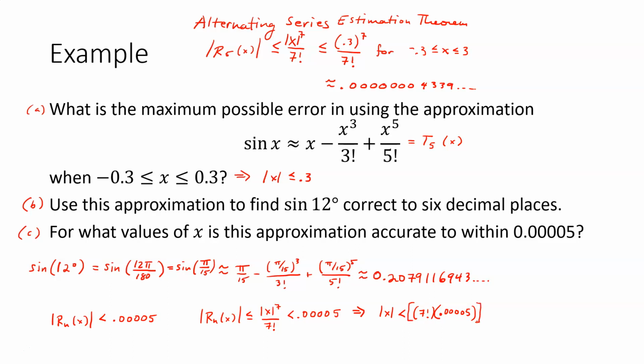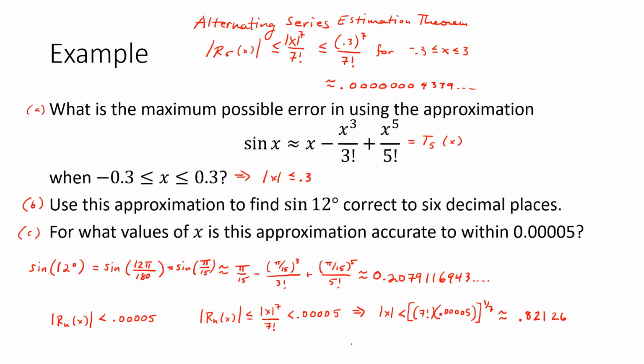So raising that to the power of 1 over 7 would give us a range that we can use for x. So let's calculate that now. So in my calculator, I get this is something around 0.82126. Okay.